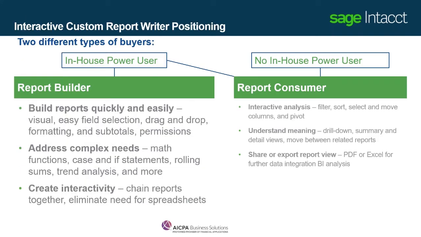Now, as promised, I want to cover this different type of buyer here, because there's two different types of buyers for ICRW. So let's talk about the one on the left first. In your organization or business, you may have one or two people or a handful of people that you would deem to be report savvy.